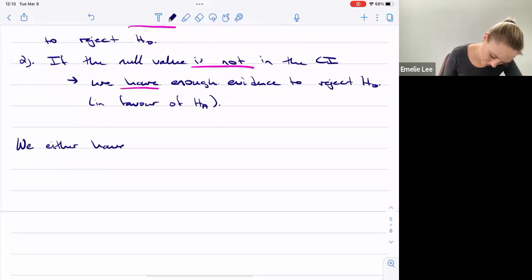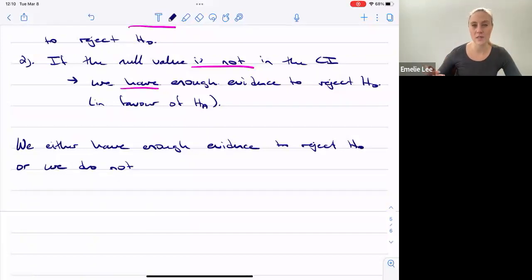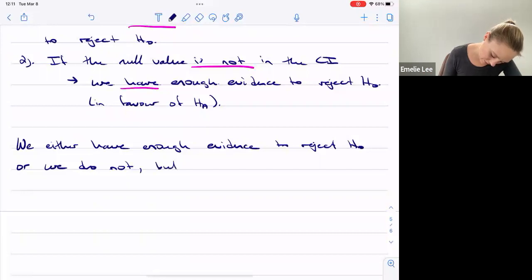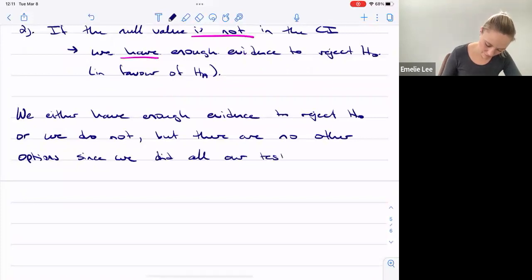We either have enough evidence to reject H naught or we do not, right? There are no other options since we did all our testing assuming the null hypothesis is true.